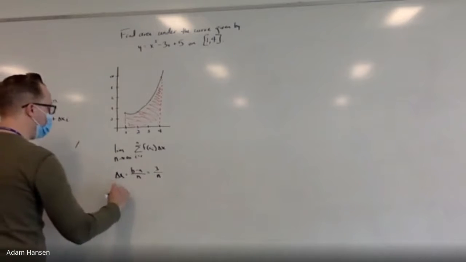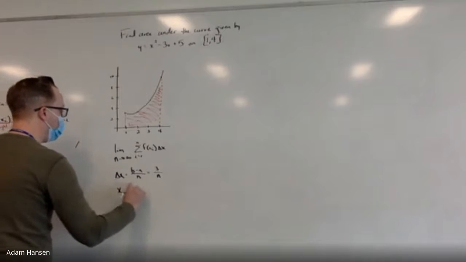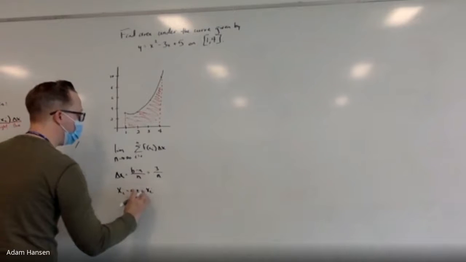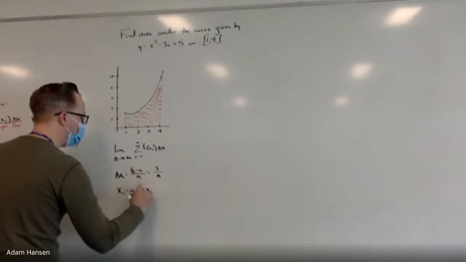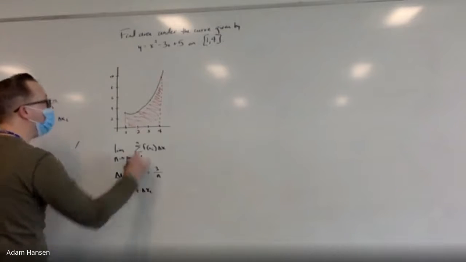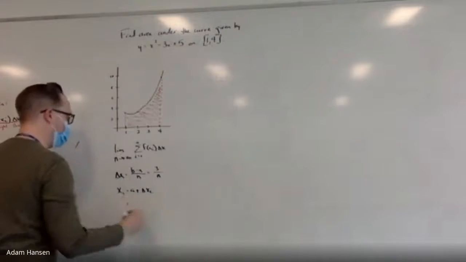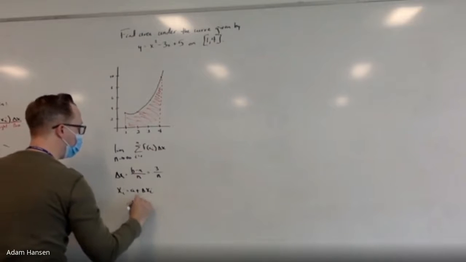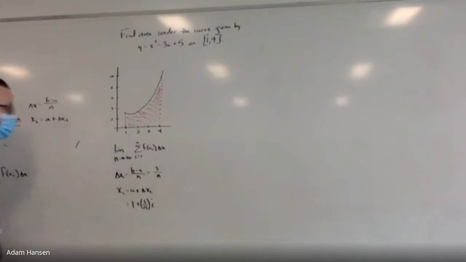x sub i is a plus delta x times i. So our a value is 1. Start from 1 and add on 3 over n, i times, and go from one partition to the next.